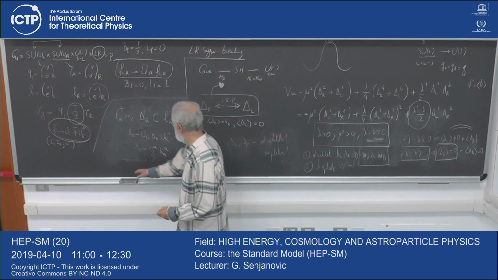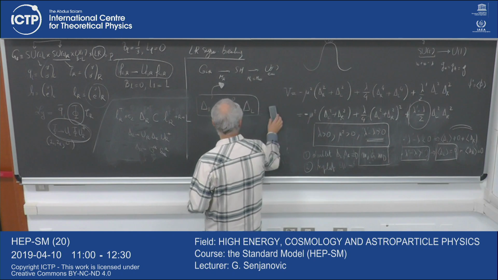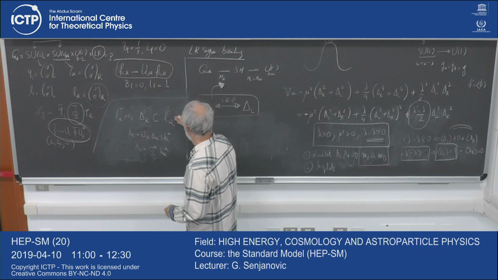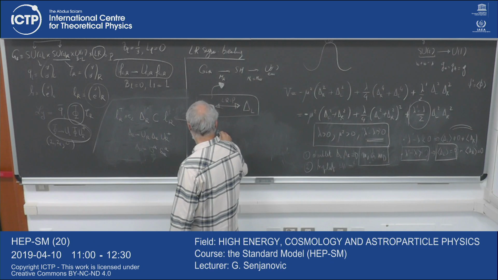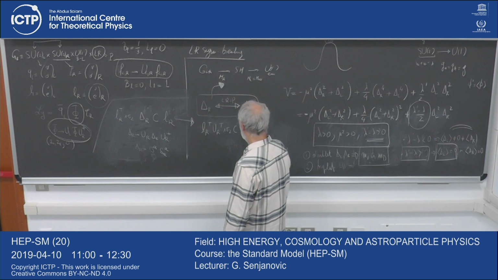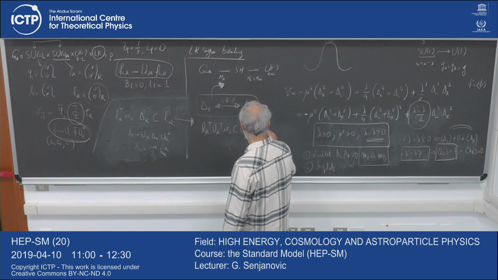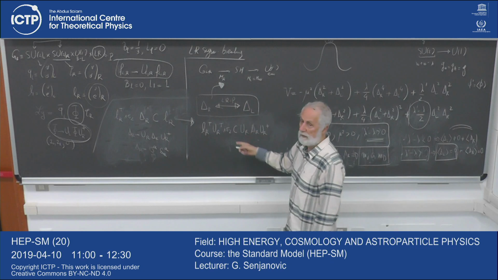Now let me complete. Let me show you. This is enough to look into that. This goes into L_R transpose U_R transpose i sigma 2 charge conjugation. Delta R goes into U_R delta R U_R dagger. And then I can put C wherever I want.